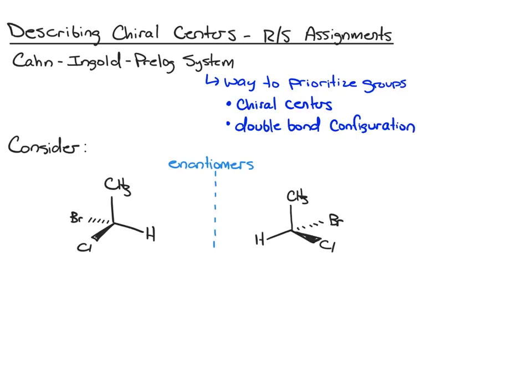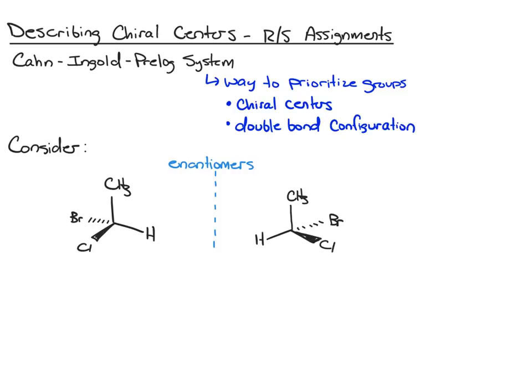So consider the two enantiomers I have drawn below, and we have our mirror plane right here. We have one enantiomer on the left and one enantiomer on the right. And you know how to do IUPAC naming for basic molecules, and without letting the three-dimensionality of this throw you off, our parent here is ethane, and on carbon 1 we have a bromo and a chloro.